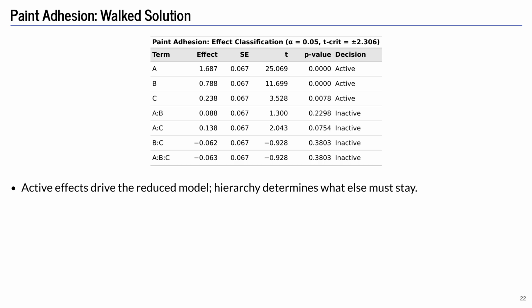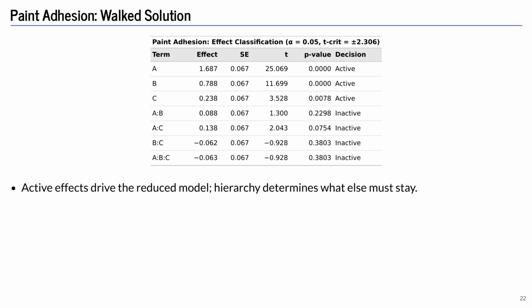Surface preparation. A, effect of 1.69, t-statistic of 25.1, p-value essentially 0. Active. Primer type. B, effect of 0.788, t-statistic of 11.7, p-value essentially 0. Active. Cure temperature. C, effect of 0.238, t-statistic of 3.53, p-value of 0.0078.